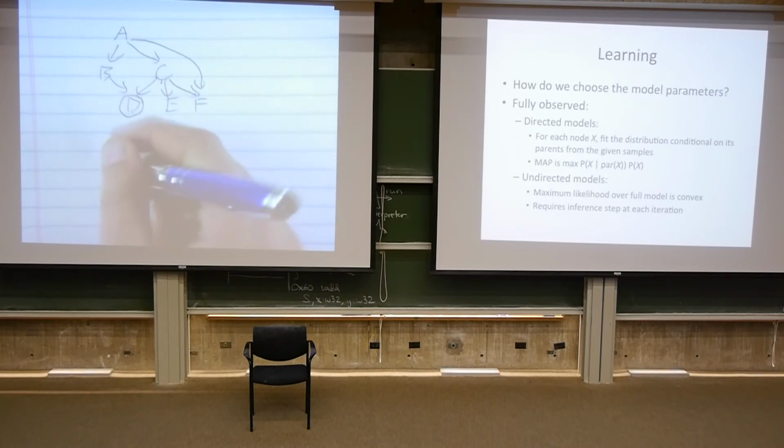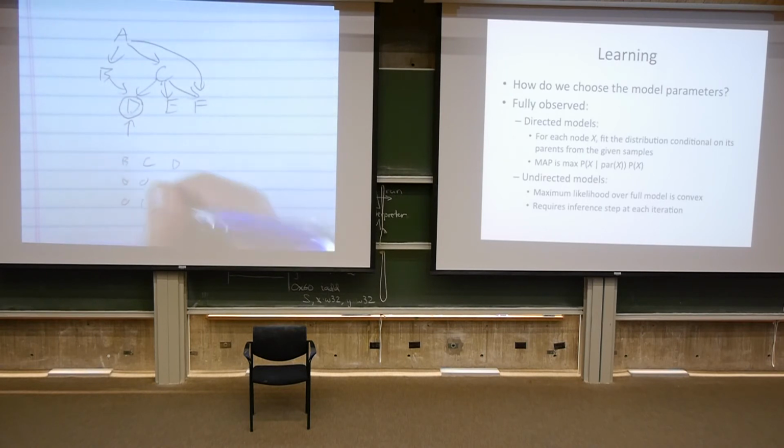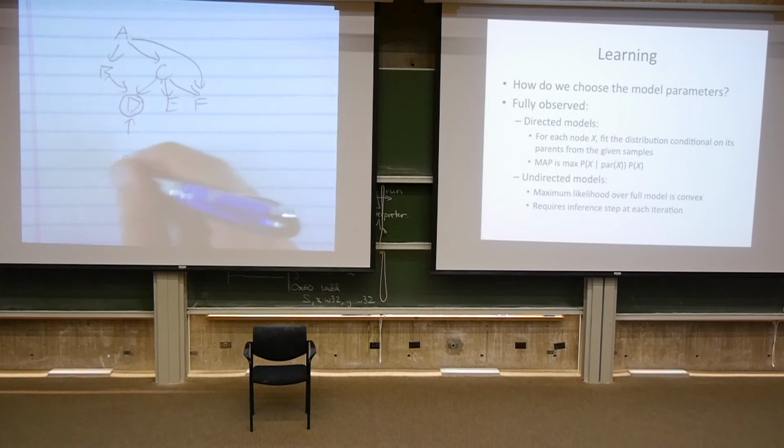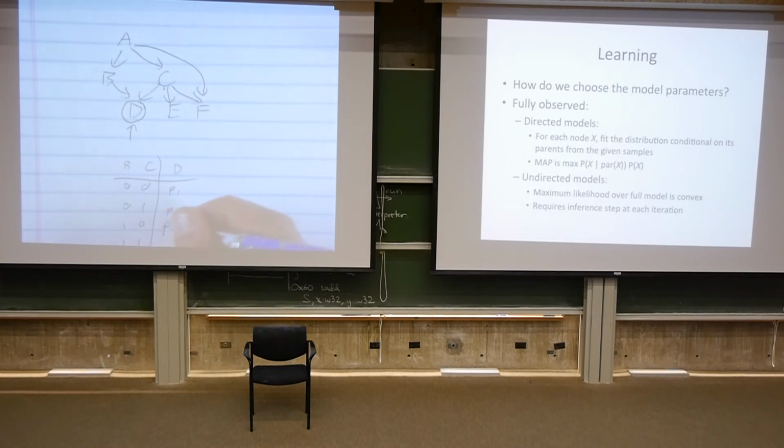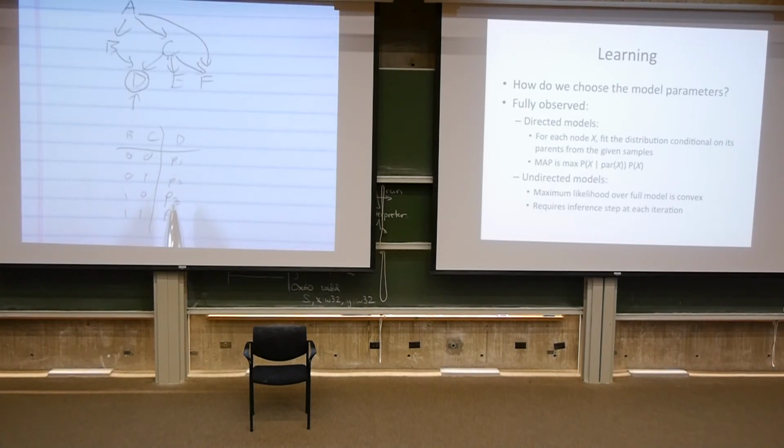So the distribution for D would then be just these 4 numbers here would define the distribution for D. So you have four independent probabilities for D, depending on the values of its parents. So that's one option for binary variables.